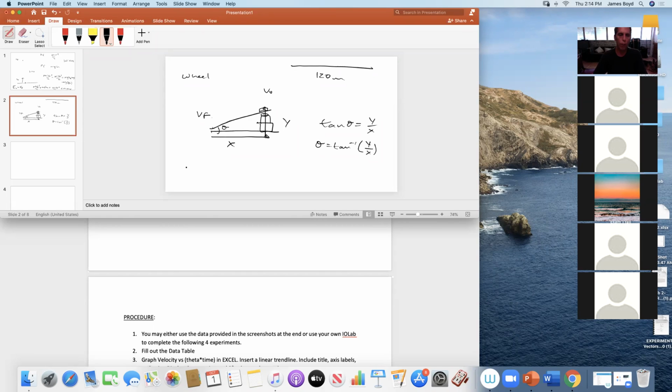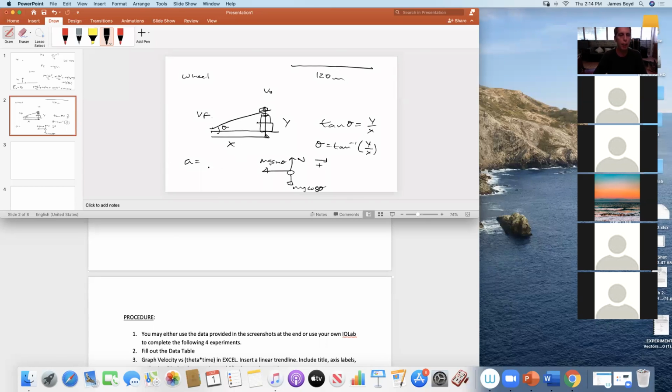We already know from inclined plane problems that if there's no friction and no other forces, we have a free body diagram with the normal force, mg cos theta, and the weight down is mg sine theta, and we're saying that positive is up.